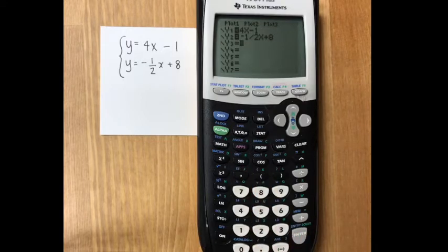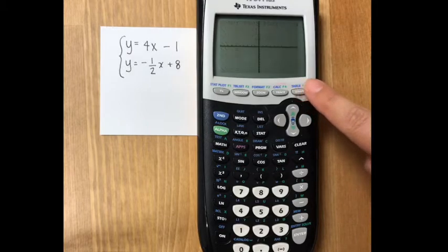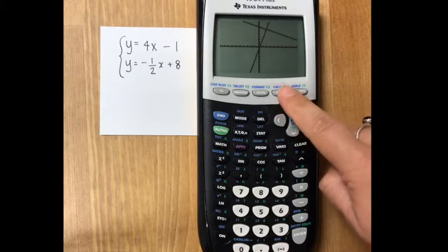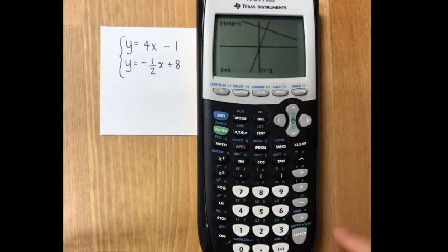All right, so you have two options here. If you want to go directly to see what these lines would look like graphed together, you want to find the graph button up here and press graph, and the calculator will graph both lines for you. Now it is a little bit difficult to see each point. So we have the button here that says trace, and if you press on that button, it will allow you with the arrow keys to travel up and down the line.